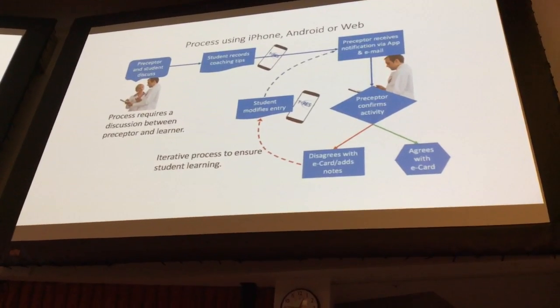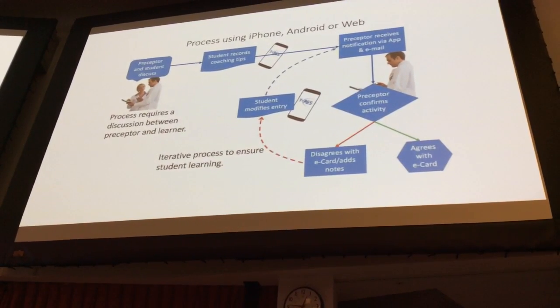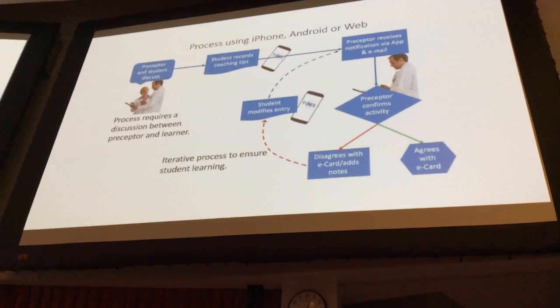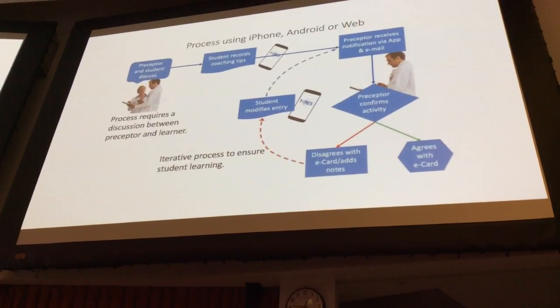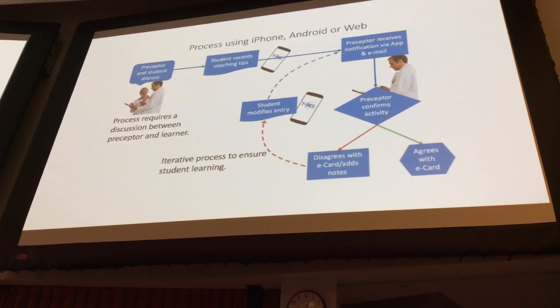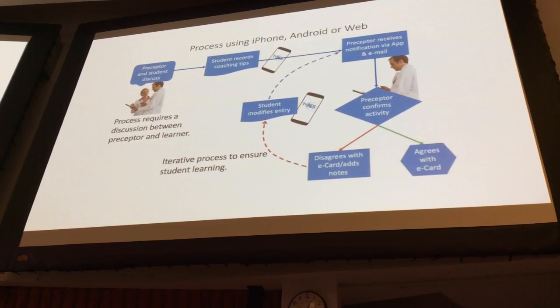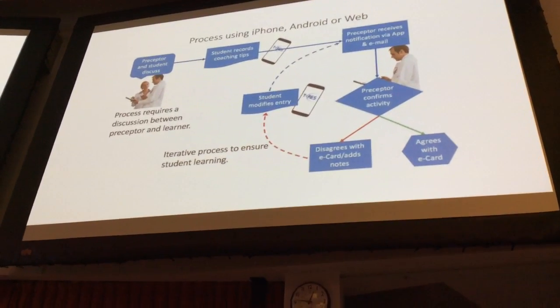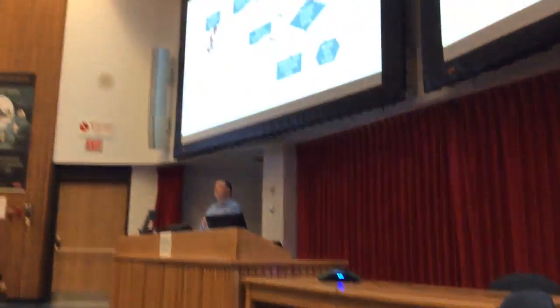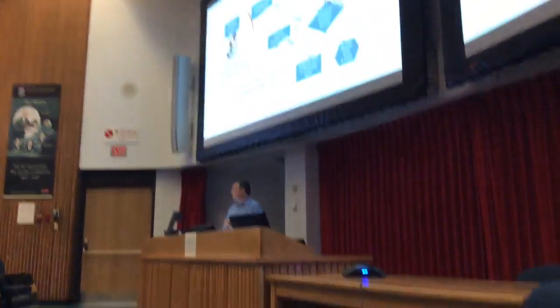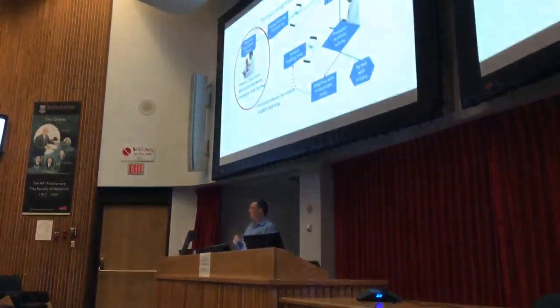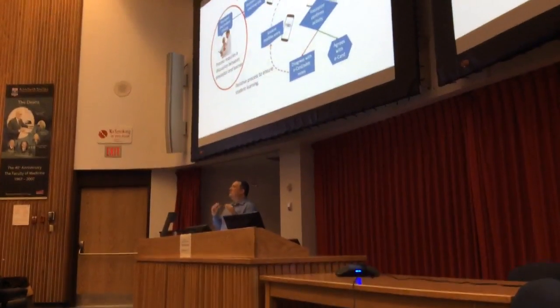Okay. So when it comes to this process of assessment, I know most people are interested in the information technology piece, but I've also heard the concerns, which are most important in my opinion, about the discussion. The discussion is the important thing.